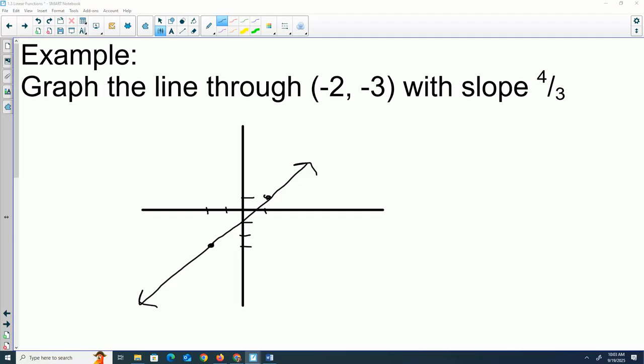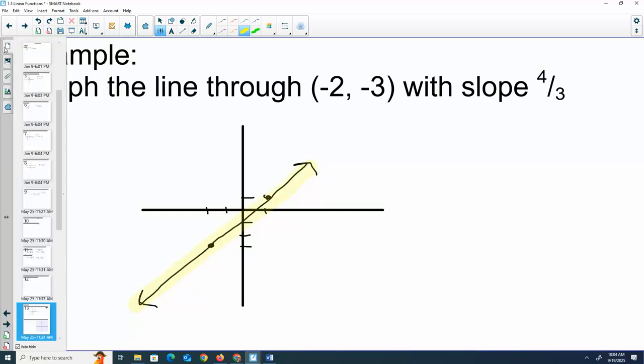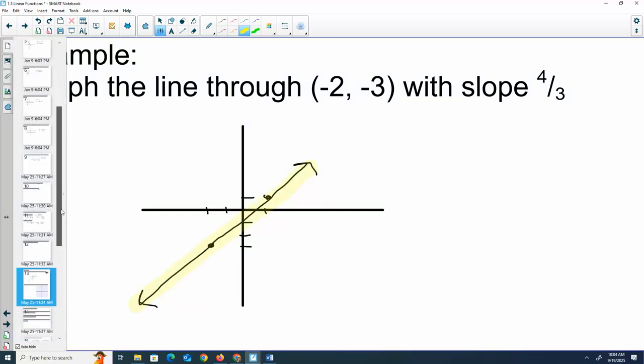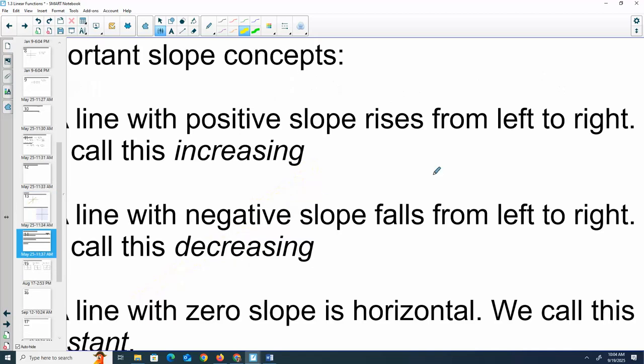All right, do we need another one of those? You guys remember this? Could you tell me, is that line increasing, decreasing, or constant? Increasing. If it has a positive slope, it's increasing. That means as you're going from left to right, you're rising. If your slope is negative, what would be true about your line? It goes down.